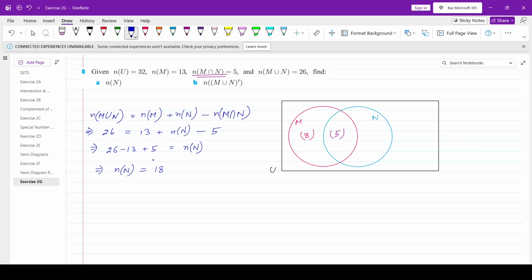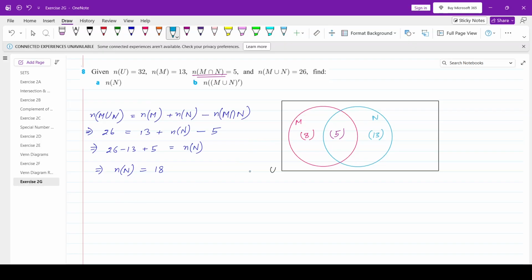going to be 18. Therefore, we can say the number of elements in N is 18, out of which 5 we have already written. Therefore, this region will be 13. And we know the number of elements in the universal set is 32.